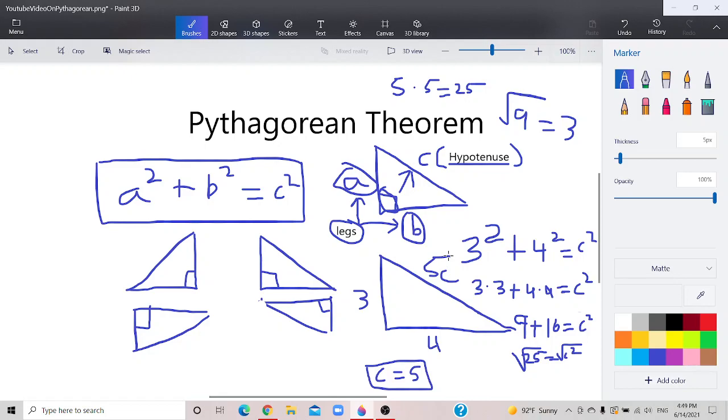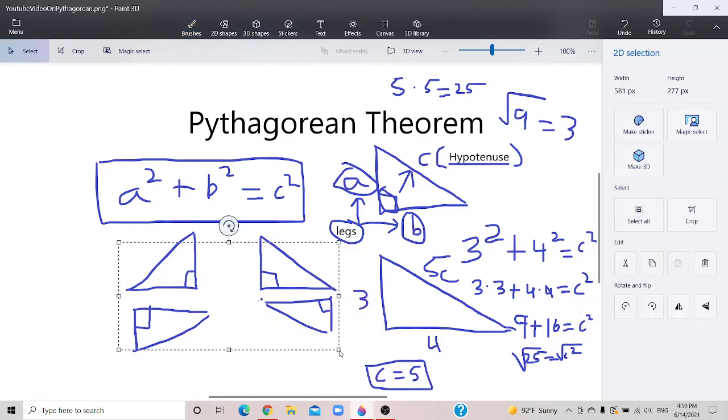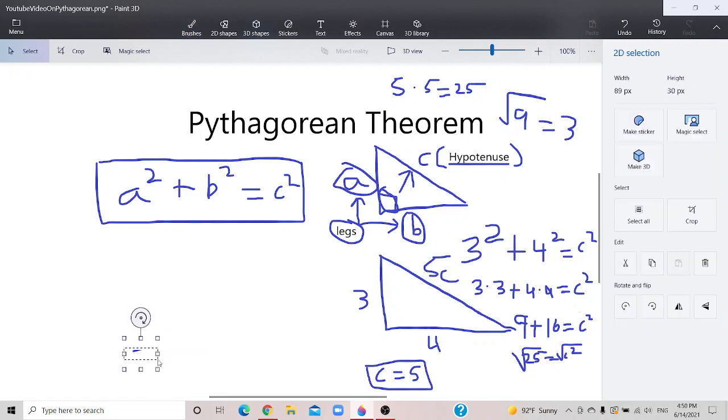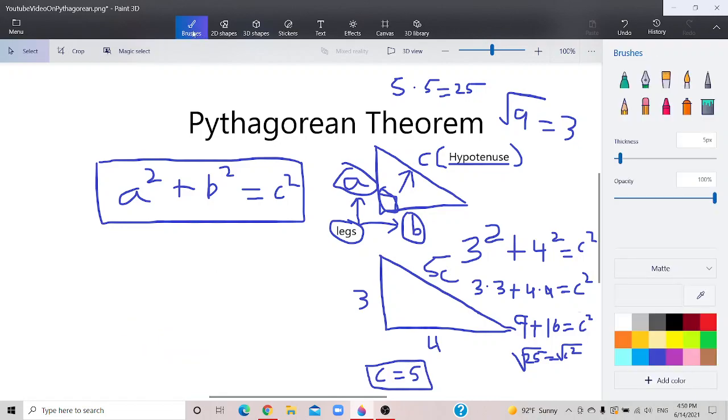What if the side that's missing instead of C is A or B? How do we do it then? So let me explain how to do it when those are the situations. I've kind of cleared out some space here. Okay, let's draw another triangle.